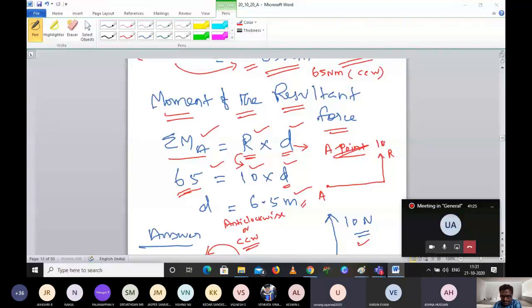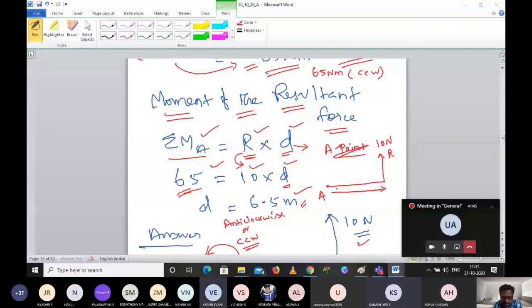Upward. Right? Very good, you're right. Upwards because we got upward force only. And the resultant we got as 10 Newton, it is upwards. And then you know the distance, how much we got? 6.5 meters.